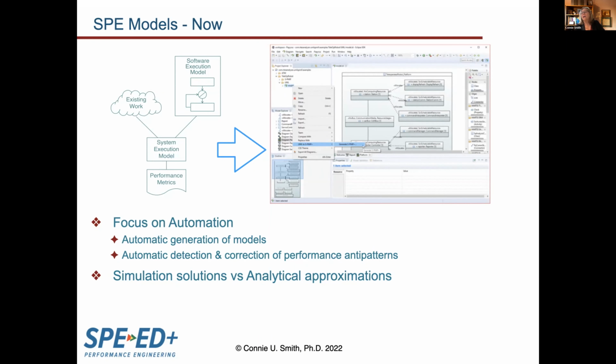They wouldn't always be precise enough when you were operating near saturation, or in certain circumstances with communication coordination. They wouldn't be quite as exact as we wanted. And so, with reason, some of the software developers were skeptical of the performance modeling results. And the fact that we can now do simulation solutions viably relieves some of that concern, but not all of it. It doesn't solve all of our problems.